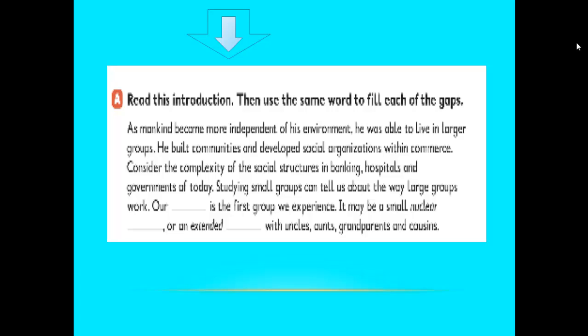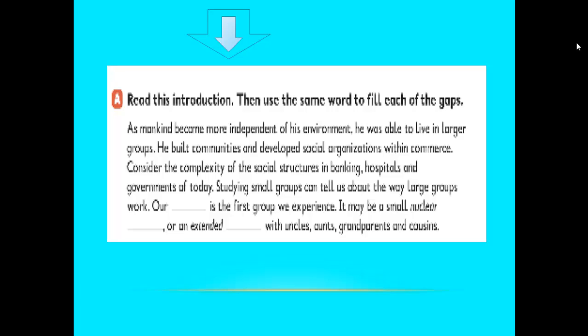This is the first space or gap. Our is the first group we experience. It may be small nuclear, the second space here, or it may be an extended so-and-so with uncles, aunts, grandparents, and cousins.